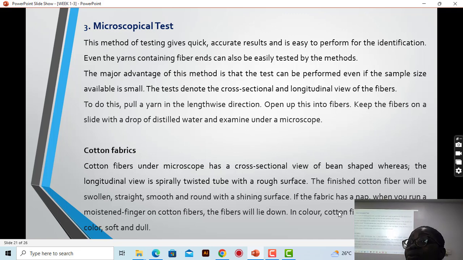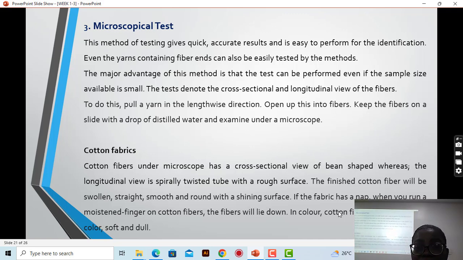You know when you have a sewing thread, the sewing thread contains so many other threads before it became one, the fibers were twisted together. So if we cut a piece of sewing thread and split it, you will see that the fibers are many. That is how we are supposed to split the yarn of the fabric before we view it with a microscope.